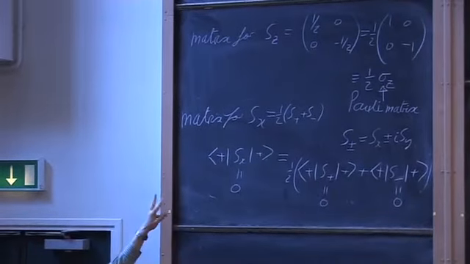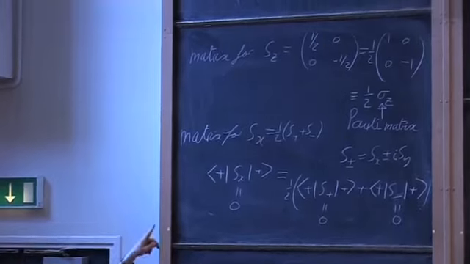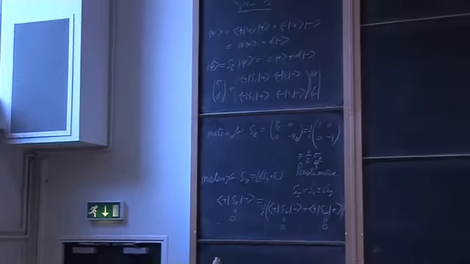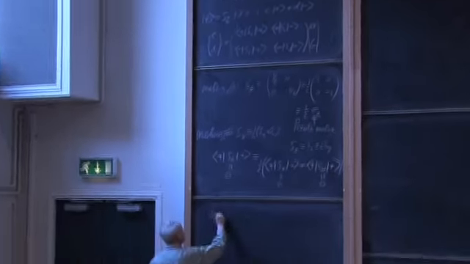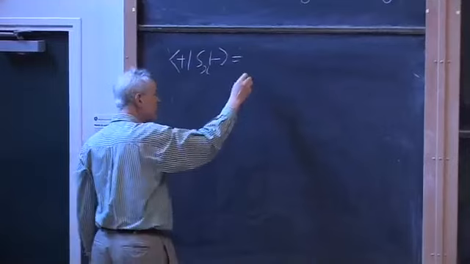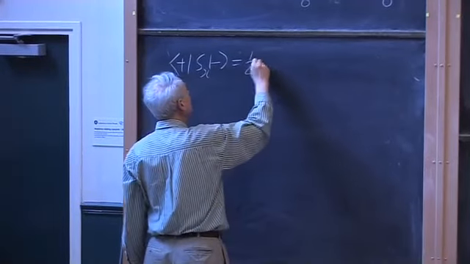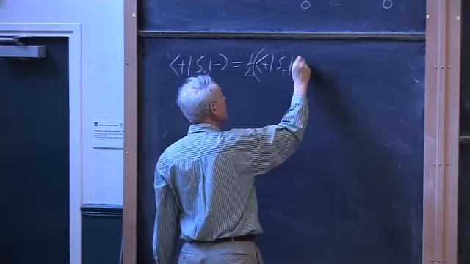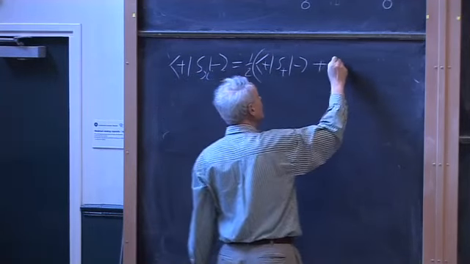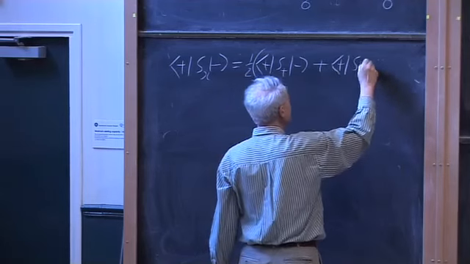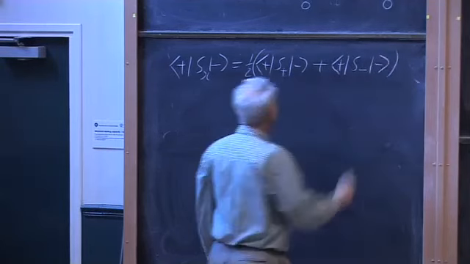Similarly, exactly the same reasoning would lead you to conclude that the bottom right-hand corner is 0, and the non-zero elements occur off diagonal. So if we look at plus Sx minus, we're looking at a half of plus S plus minus plus S minus minus.